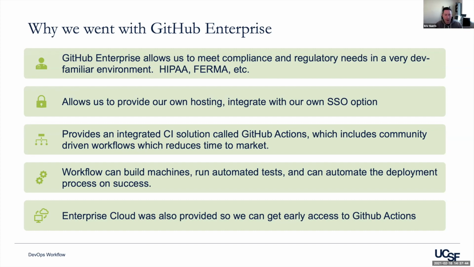But we could get it on Enterprise Cloud. And since we're building Drupal websites, there isn't a whole need for the HIPAA and FERPA stuff because we should not be hosting any of that data on Drupal. We're discouraging people from doing that anyways. So that's not really a requirement from that perspective.